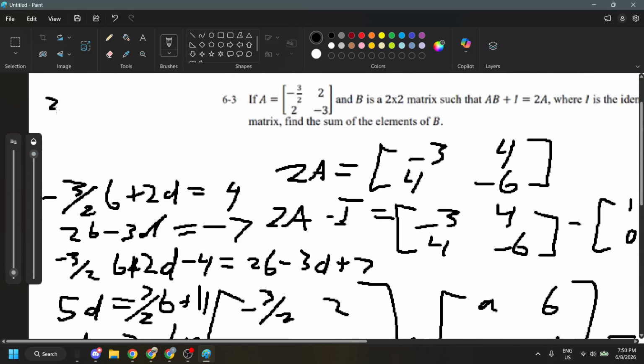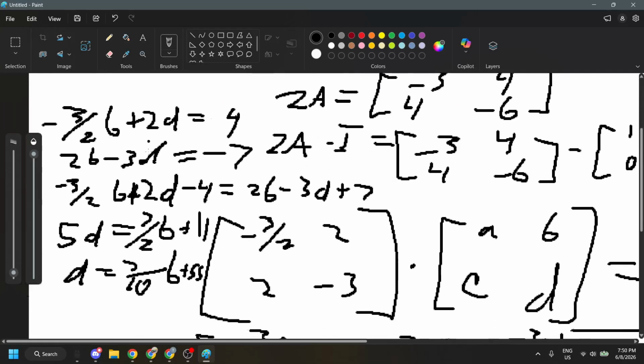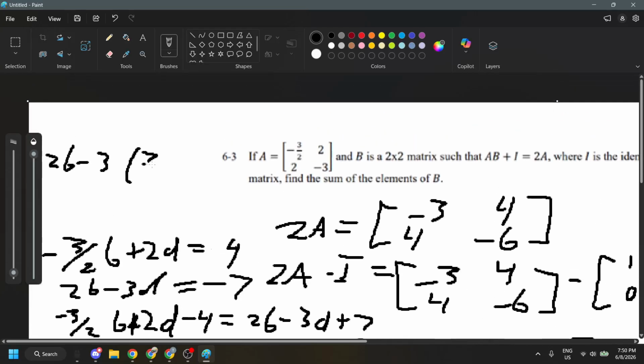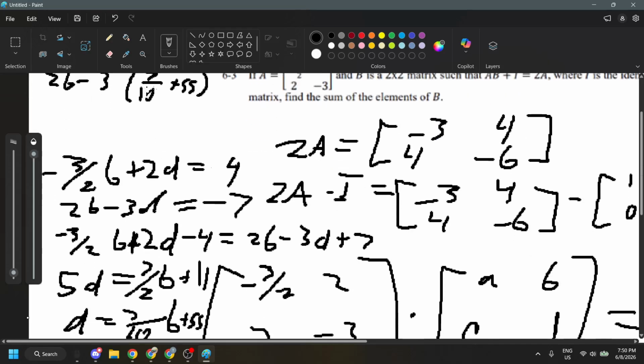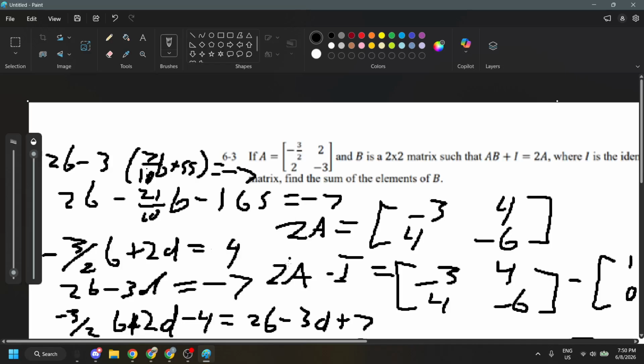Okay, so 2b minus 3 times 7 over 10b plus 55 is equal to negative 7. Okay, so 2b minus 21 over 10b minus 3 times 55, which is 165, is equal to negative 7.